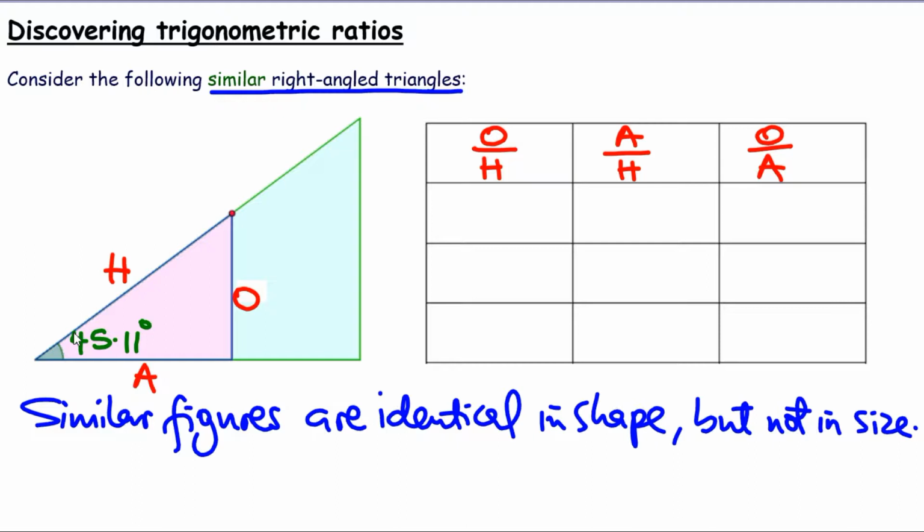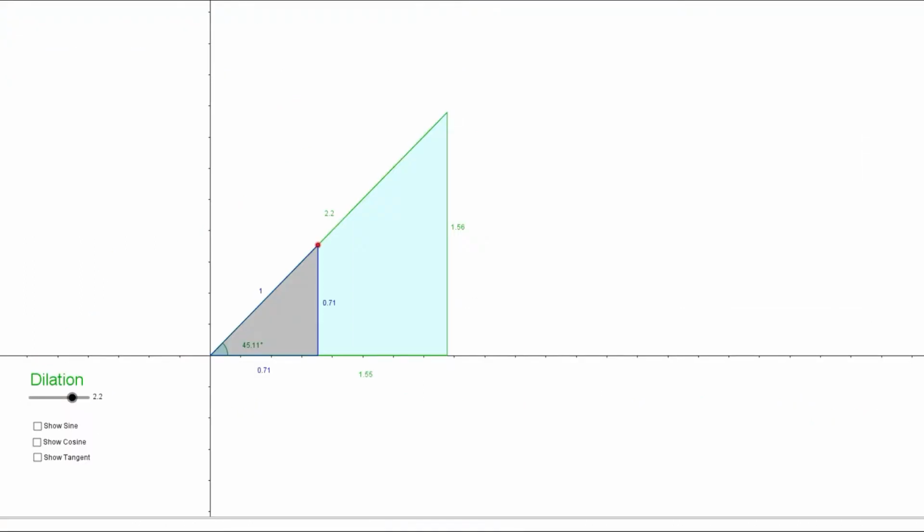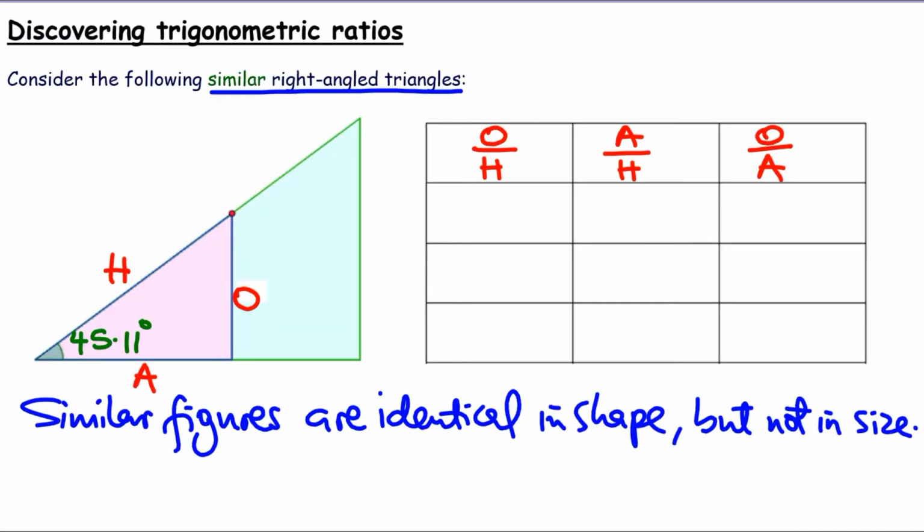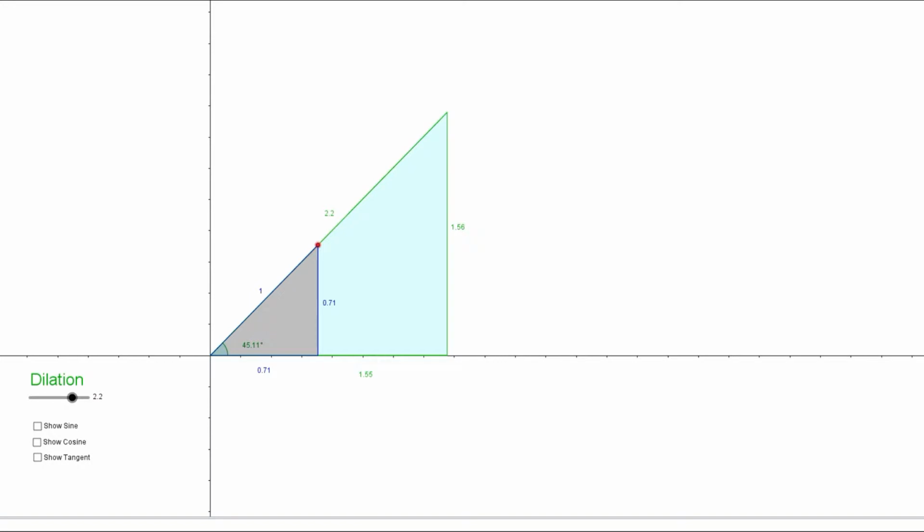We'll be getting the lengths of these ratios from this graphing package here. On the first column, I'll consider the small triangle first. What I have here is 0.71. Actually, let me change it a little bit, because it's better if we have different lengths.